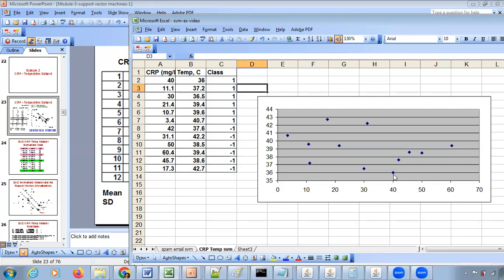So 40, 36, which is here, is the virus, and then 36.5 is again here, and then 21.4, 9.4, and then 11.1, this and so on.